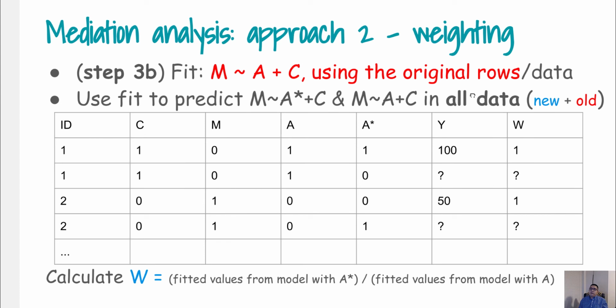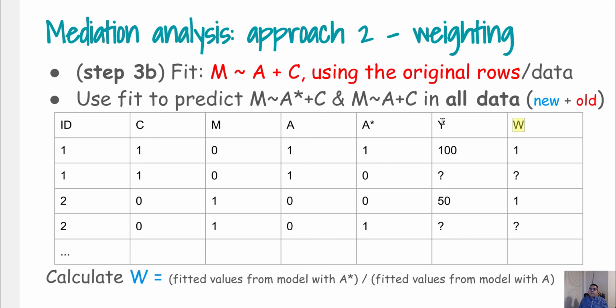Alternatively, we could work with the weighting approach. Remember these W's? We have not explained anything about these W's. We were only concerned about imputing these Y's, and we got our direct effect and indirect effect from that.